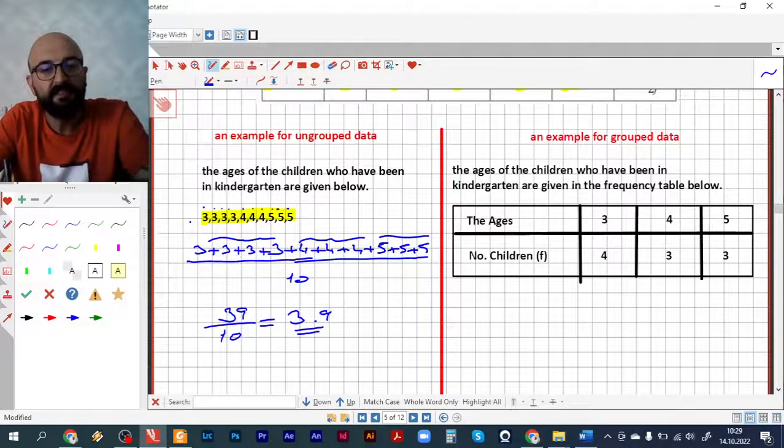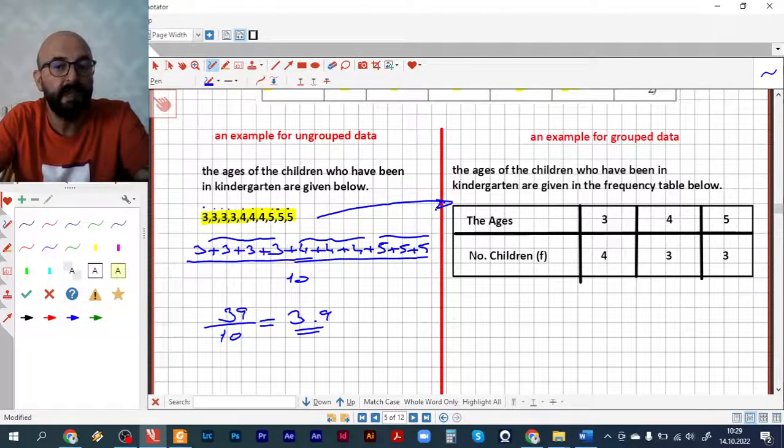If the data are given as a grouped table, for example, age 3 occurs 4 times, please remember that, 1, 2, 3, 4. We have 4 children aged 3, 3 children aged 4, and 3 children aged 5.